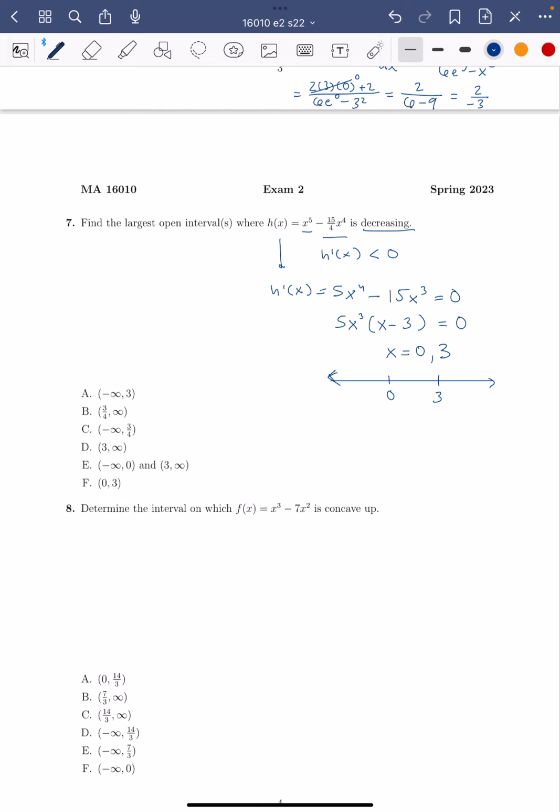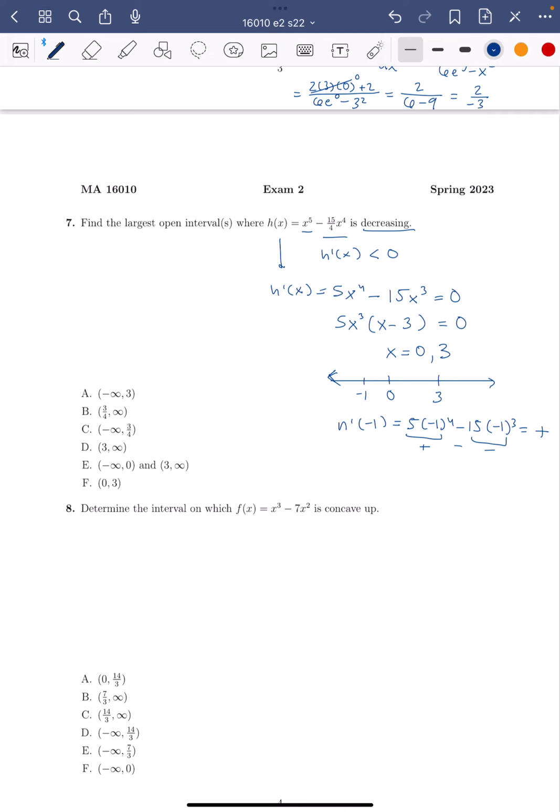Let's start with, let's say, -1, because that's super easy, just a little bit smaller than 0. So h prime of -1 equals 5 times -1 to the fourth minus 15 times -1 cubed. This first term would be positive minus a negative, which would give us an overall term of positive.